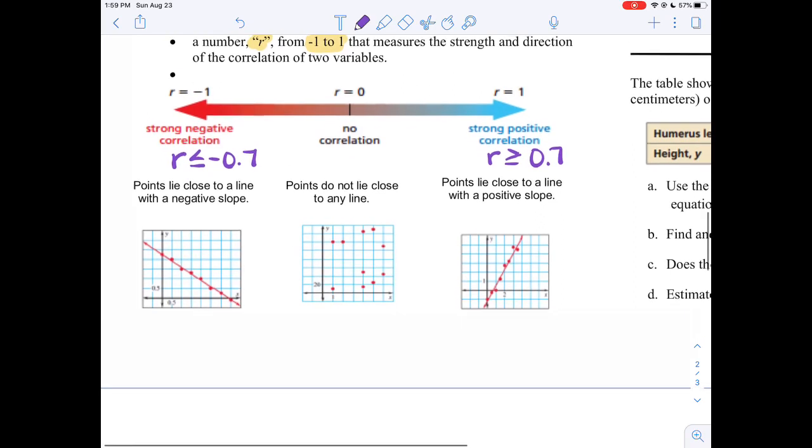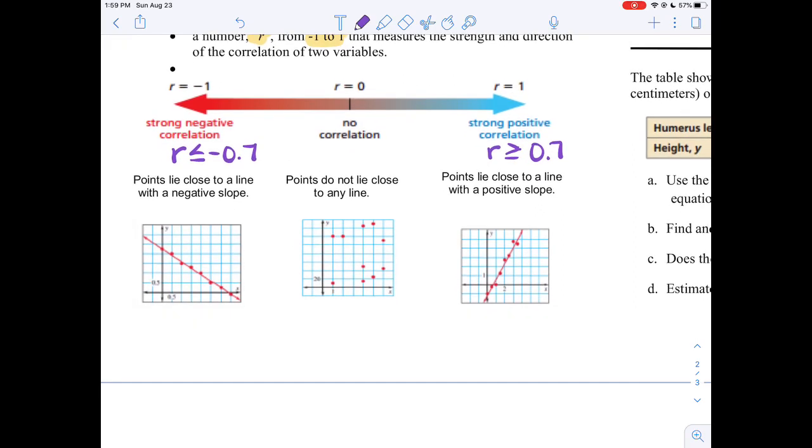So you can see some examples down here where we definitely have a strong negative correlation. Notice that all of those points are very, very close to our line. We've got an R value that's going to be less than -0.7, negative because it's going in the negative direction, a negative slope, and again, we would call that a strong negative.